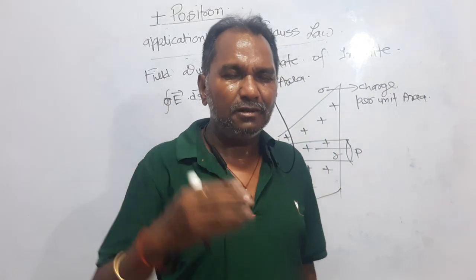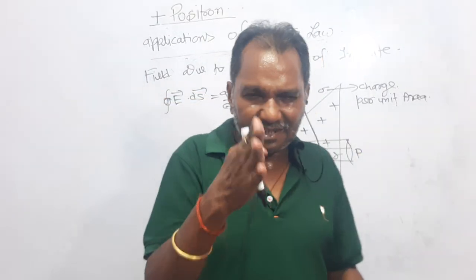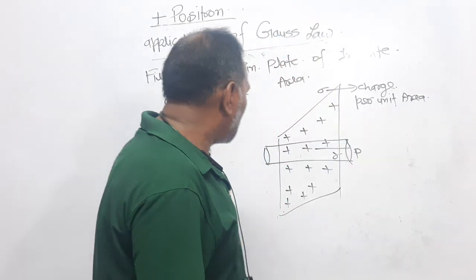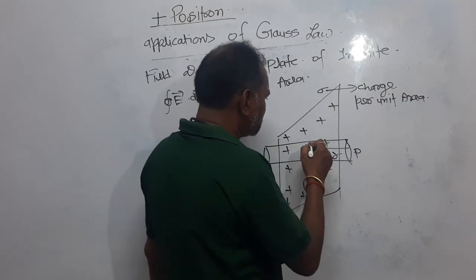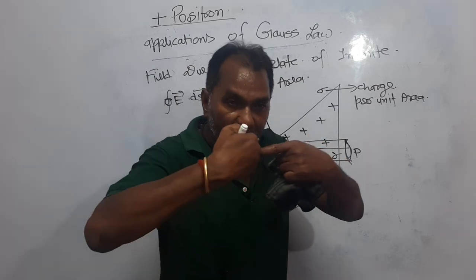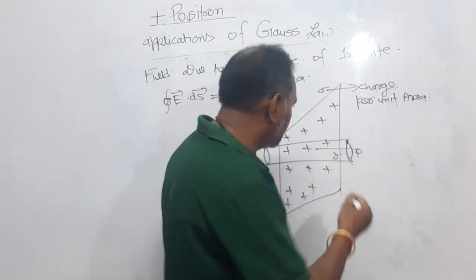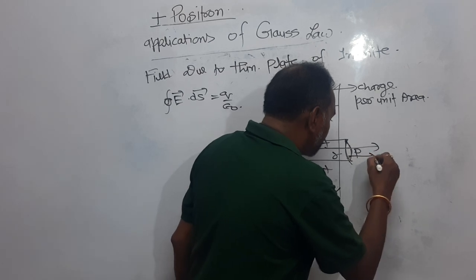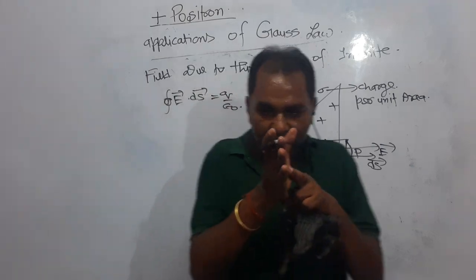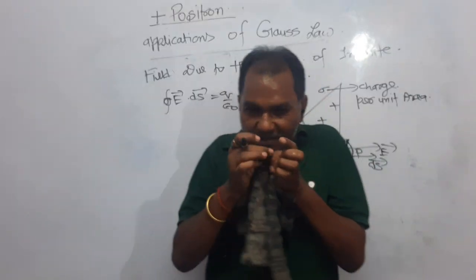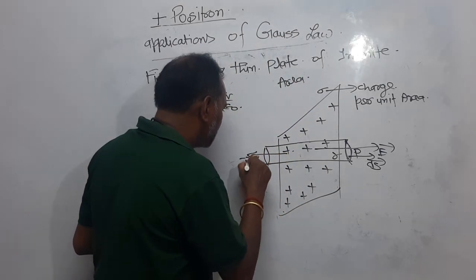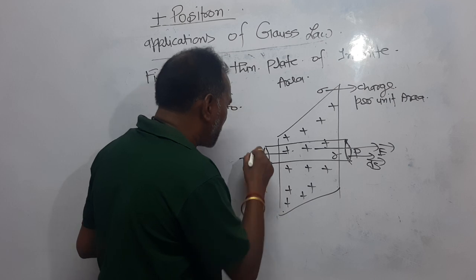A cylinder crossing the plate. This is a thin plate, and the cylinder is just crossing the plate. Now look here, at these points, because the plate is this, field lines will move normally outward, and the area vector is also like this. So E and ds are parallel. At this side also the electric field is this, and the area vector is again parallel to the field.